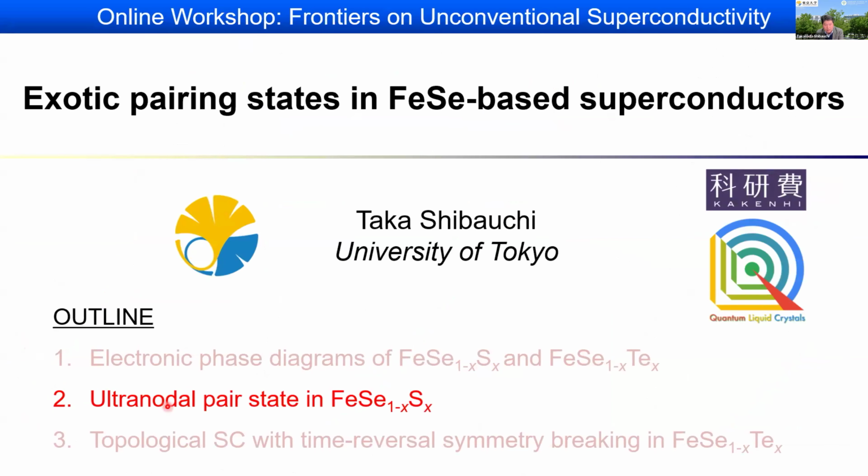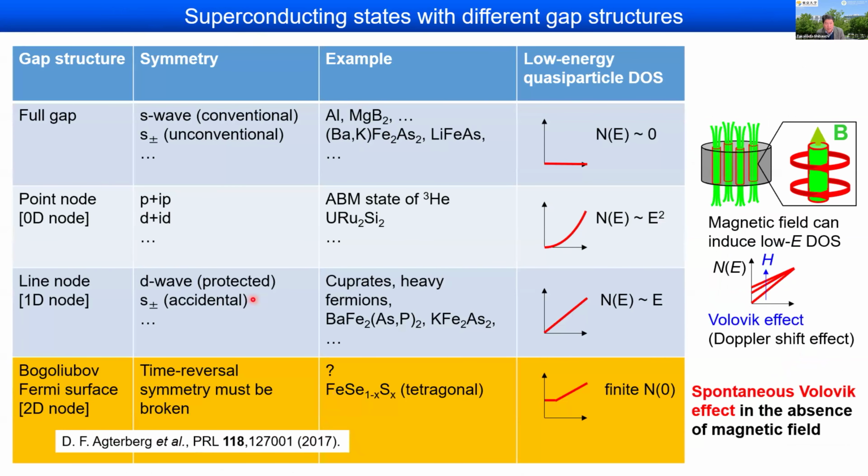So now let me discuss SC2, the very strange behavior of the superconducting gap in the tetragonal iron selenium sulfur. Before that, I would like to remind you of the general classification of the superconducting gap. You have a fully gapped state, or point nodal or line nodal states, in which you have different energy dependence of low energy quasi-particle excitations.